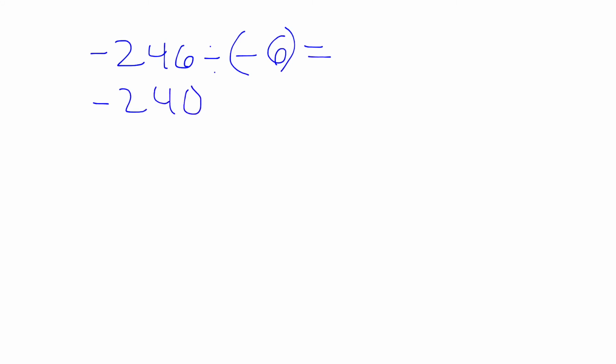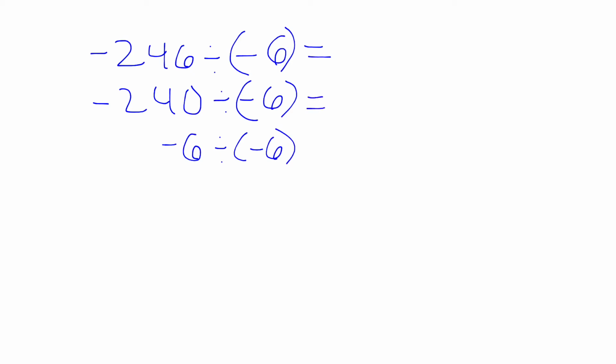So I'll do that over here. Negative 246 divided by negative 6. I think what stands out to me is negative 240 divided by negative 6, and negative 6 divided by negative 6. I'll break it into parts.